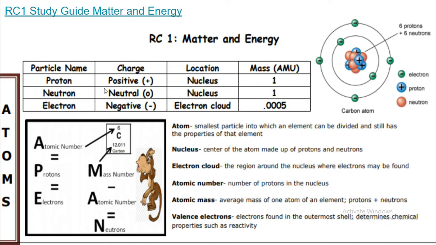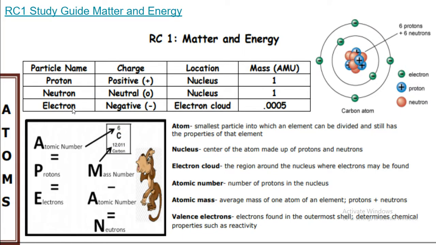Your neutron is neutral. It's also located in the nucleus with a mass of 1 atomic mass unit. So these would be your neutrons that are neutral. They don't have a charge. They're not positive or negative. And again, they have a mass of 1 atomic mass unit.